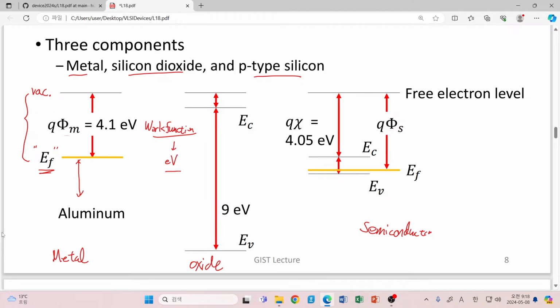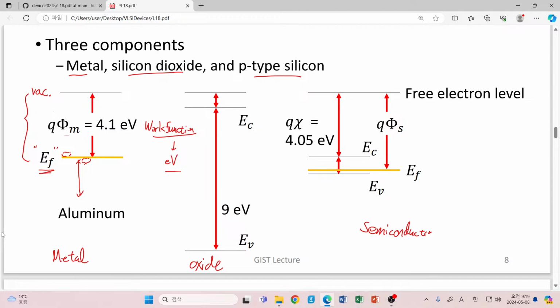That is the situation at absolute zero temperature. And if you have non-zero temperature, then you have a slight deviation from this description. A relatively small number of states can be empty here, and a relatively small number of states can be filled here.